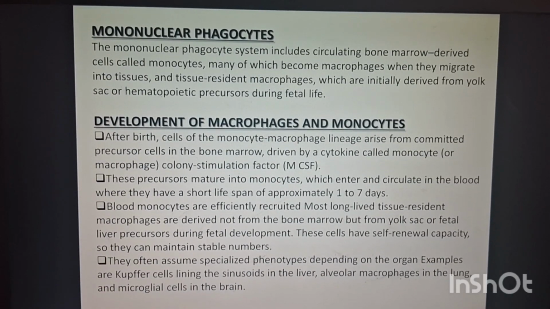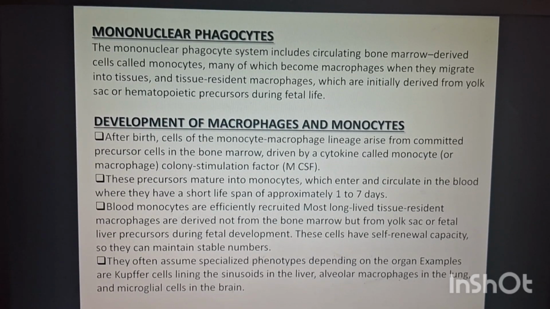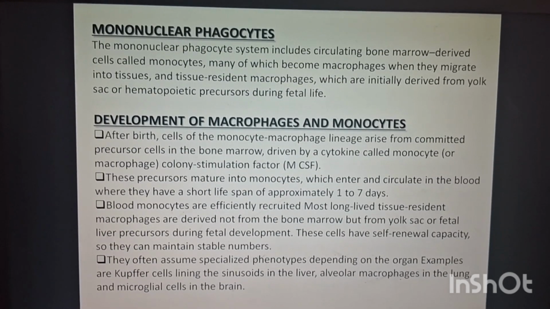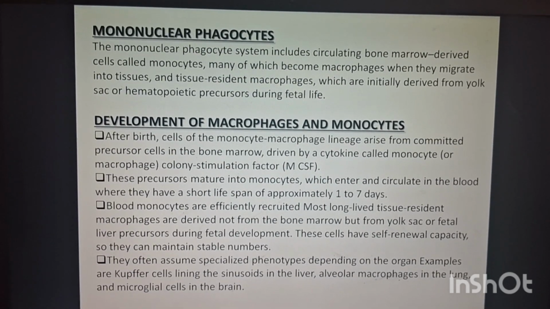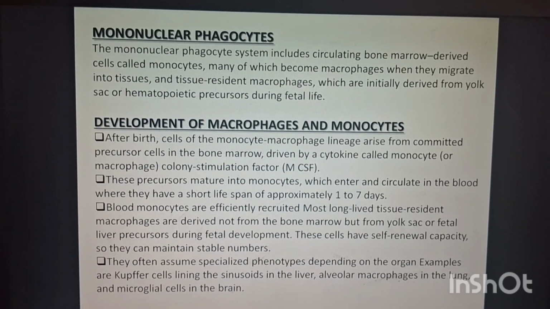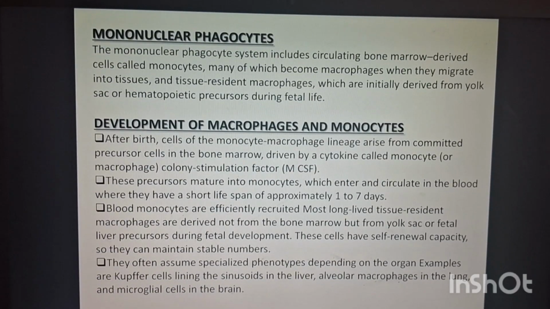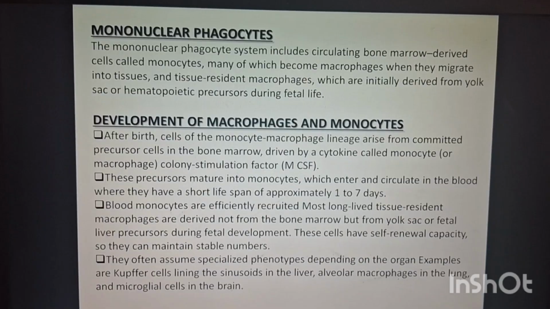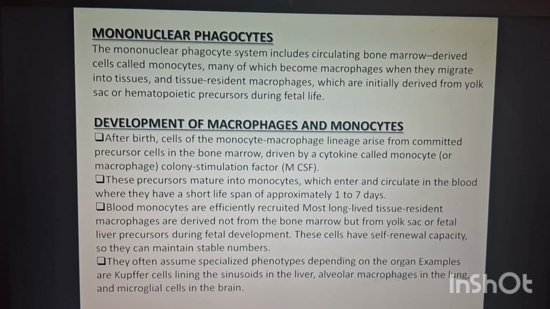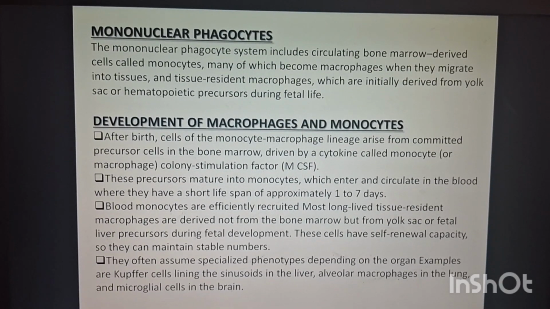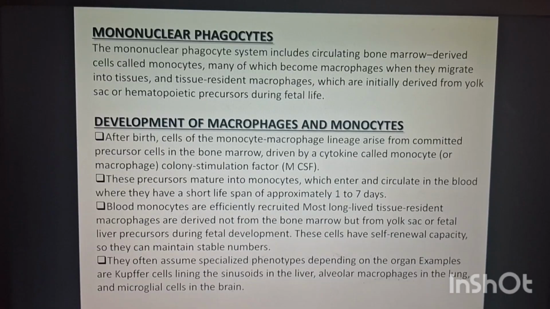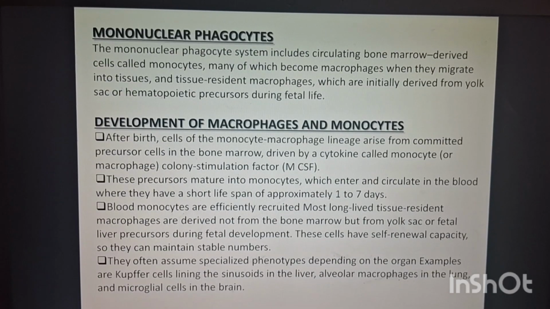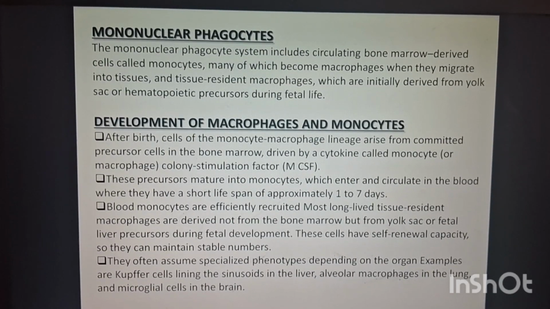Next pathway is also called the fetal pathway. Most long-lived tissue resident macrophages are derived not from the bone marrow but from yolk sac or fetal liver precursors during the fetal development. These cells have self-renewal capacity, so they can maintain stable numbers.